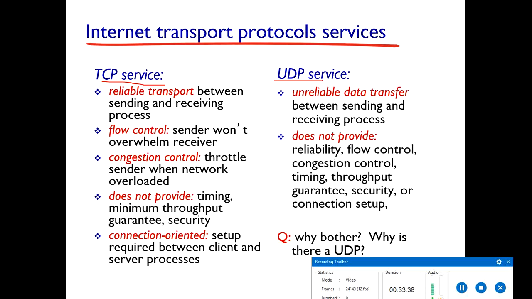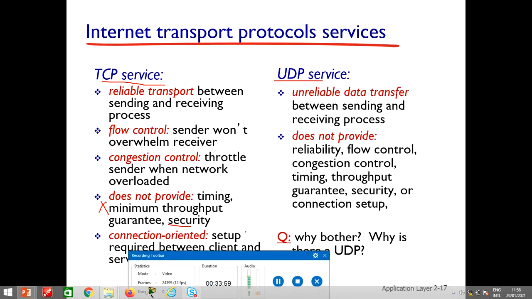But TCP does not provide timing, minimum throughput guarantee, and security. So these are the things that TCP does not provide. TCP is connection oriented. It takes time for setting up the connection between the client and the server process. So these are the two disadvantages.